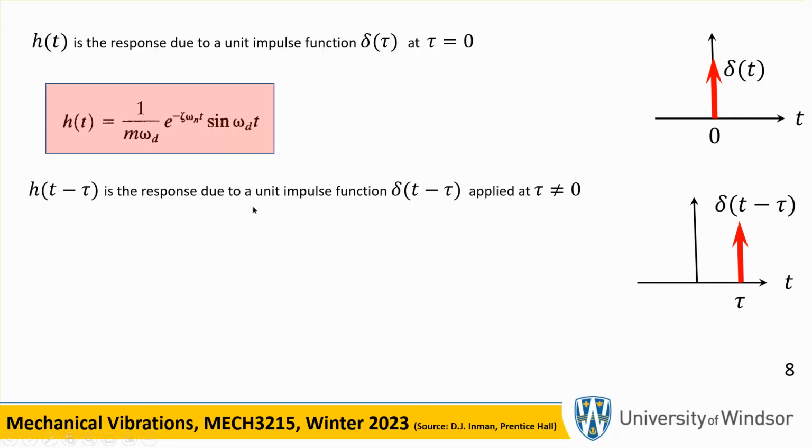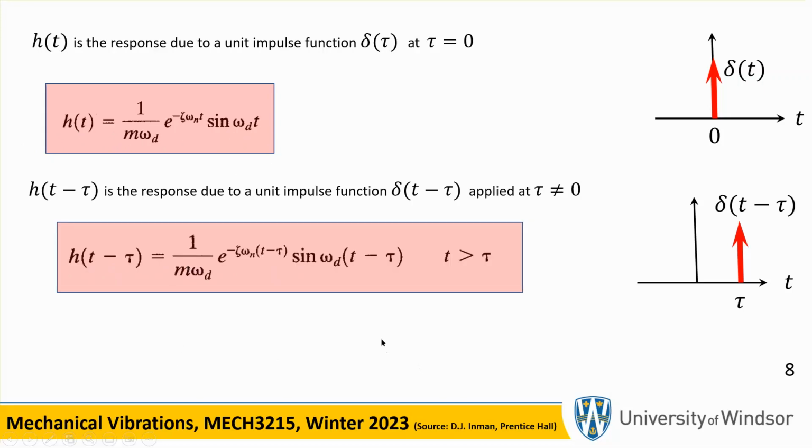Now, the solution to this equation, when delta is not centered at 0, is going to be exactly the same thing that you have up here, except that every t is replaced by t minus tau. So basically, it's a shifted version of that, or a delayed version by tau seconds.